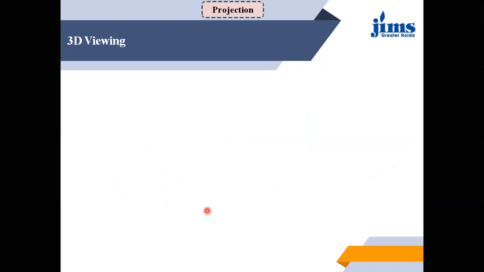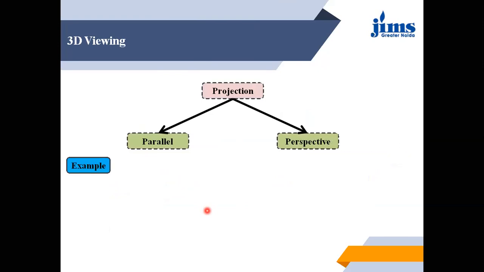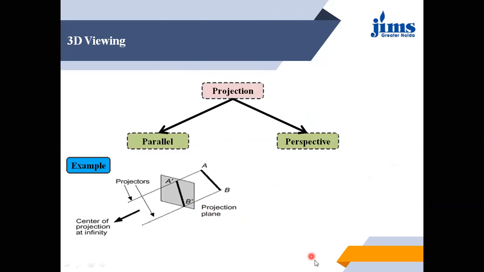So basically, projection is of two types. First one is parallel projection and second one is perspective projection. For example, in parallel projection, the rays start from infinity.